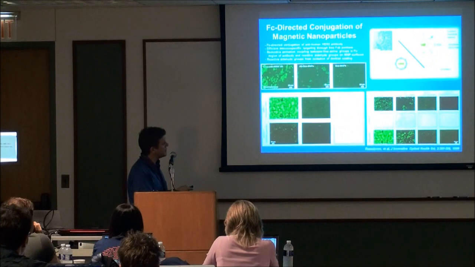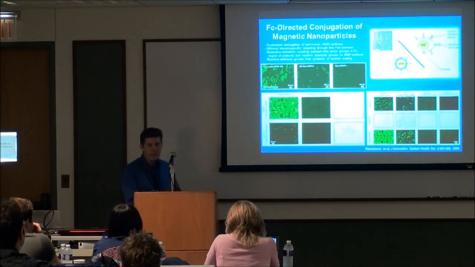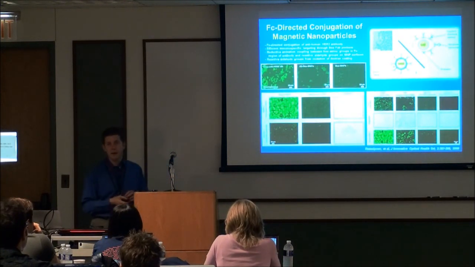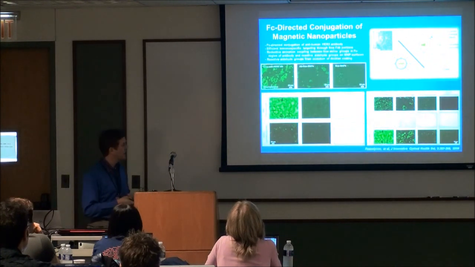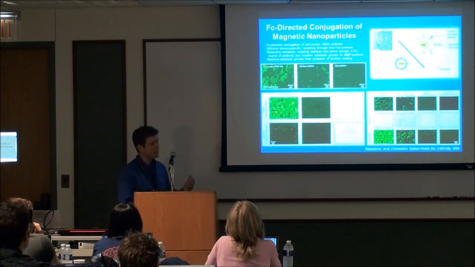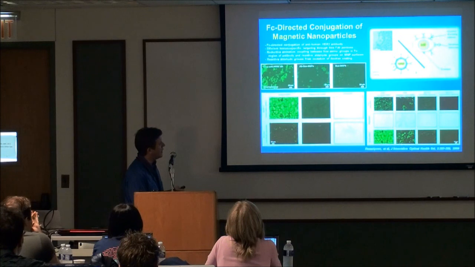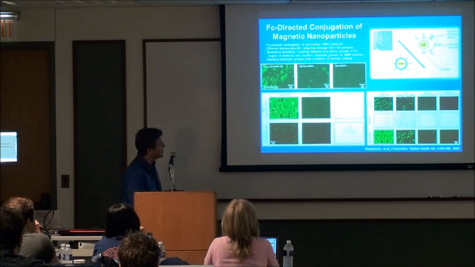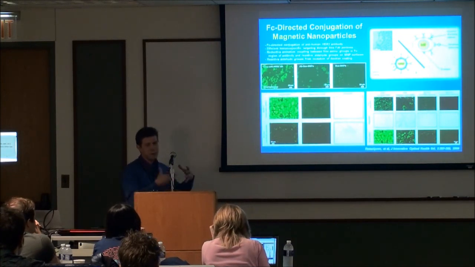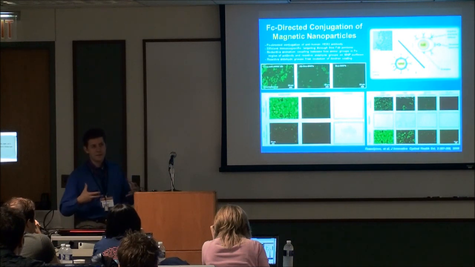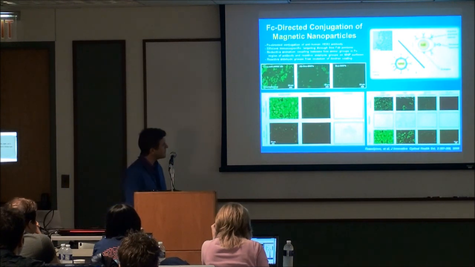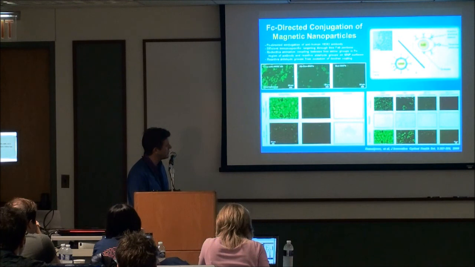So by doing Fc-directed conjugation, we believe we minimize the uptake by macrophages, and this is going to have a significant impact when we target these. Also, we optimize or expose more of these active sites around the nanoparticle, and that will allow us to target these more specifically.